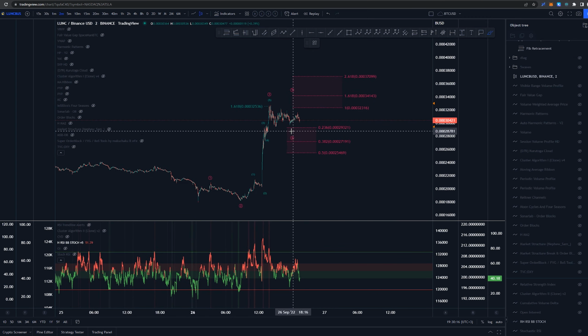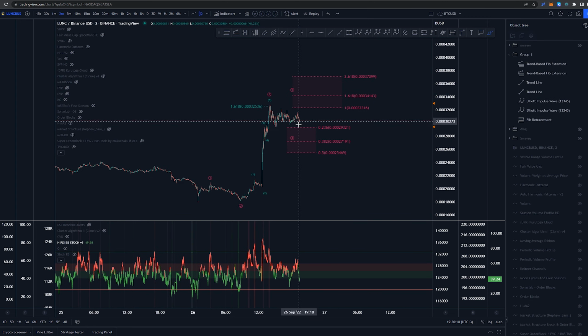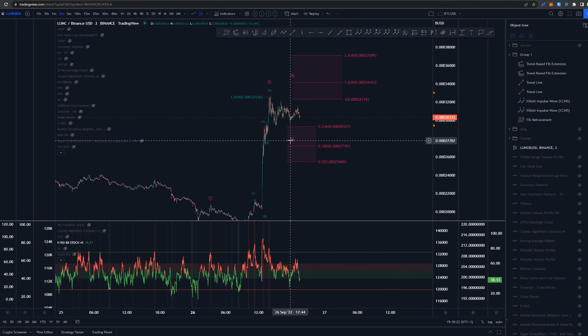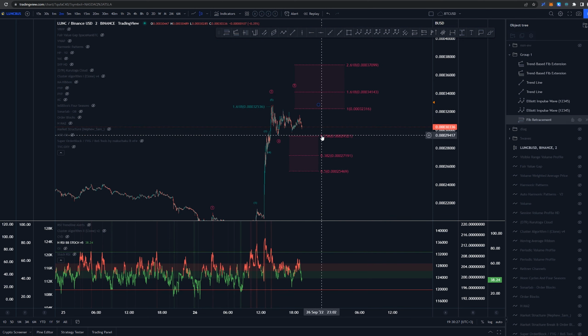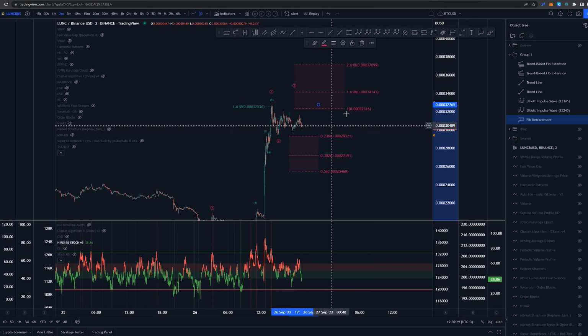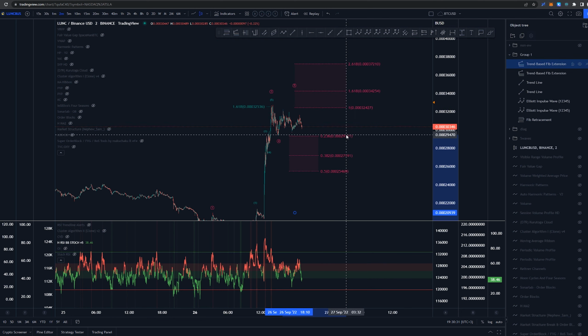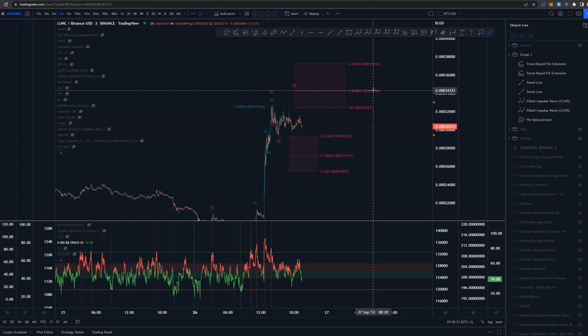Now, depending of course on how low this wave 4 goes, we can have different targets. If we have already created the low here for the wave 4, I would probably place it here because that's the lowest point. We would have only retraced the 23.6% since then, and again we would have these targets, 32, 34, and 37.